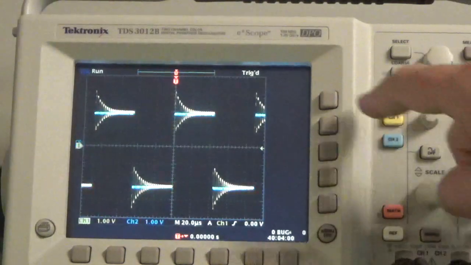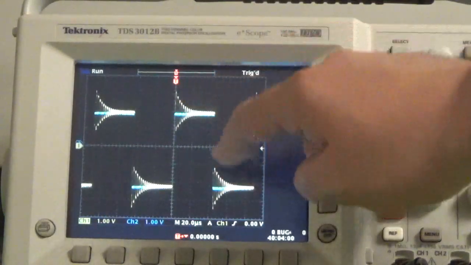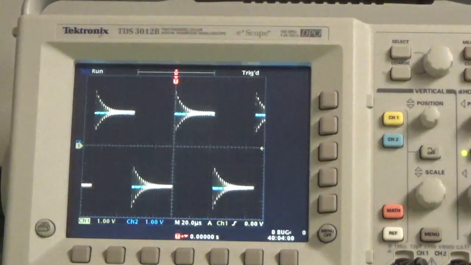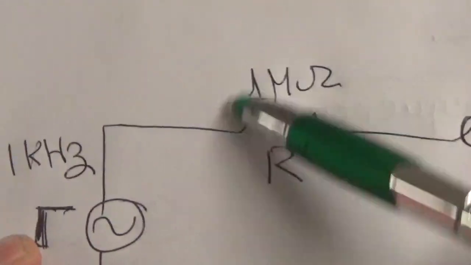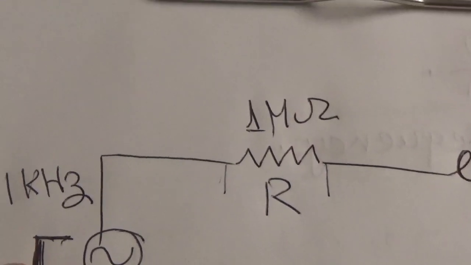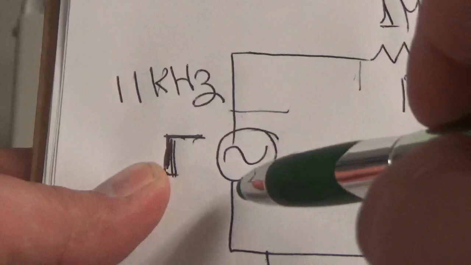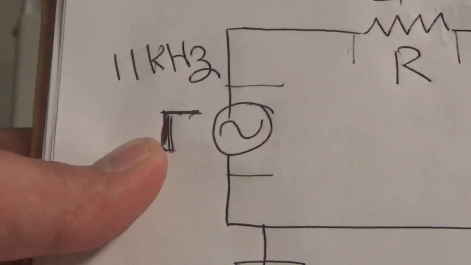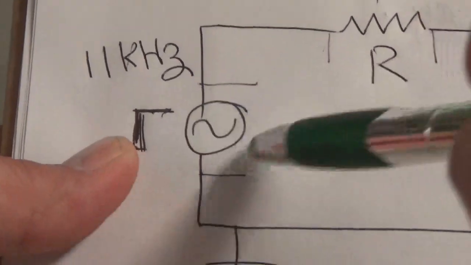So the yellow one represents the signal or the output across the resistance, this resistance right here. And the blue one, or the blue signal, represents the signal across the power supply.